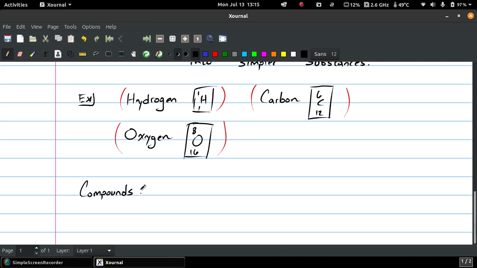So a compound is a substance that is composed of more than one type of atom.